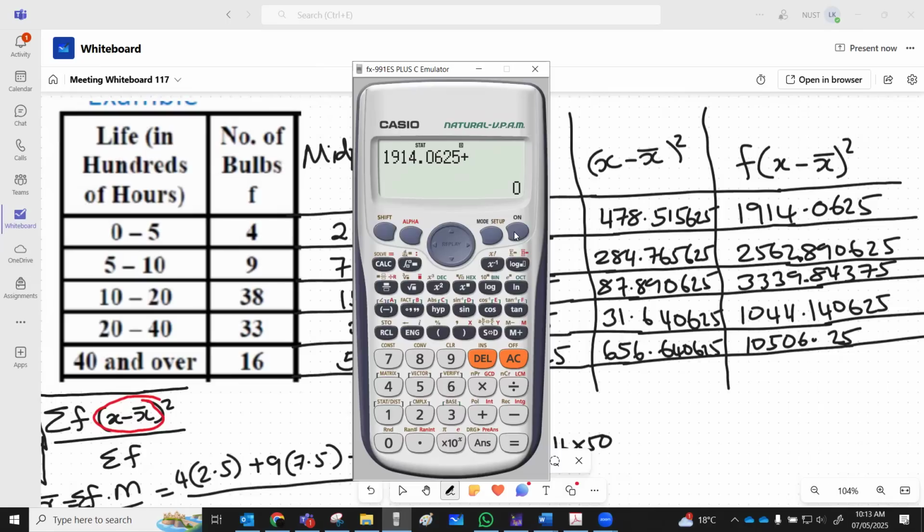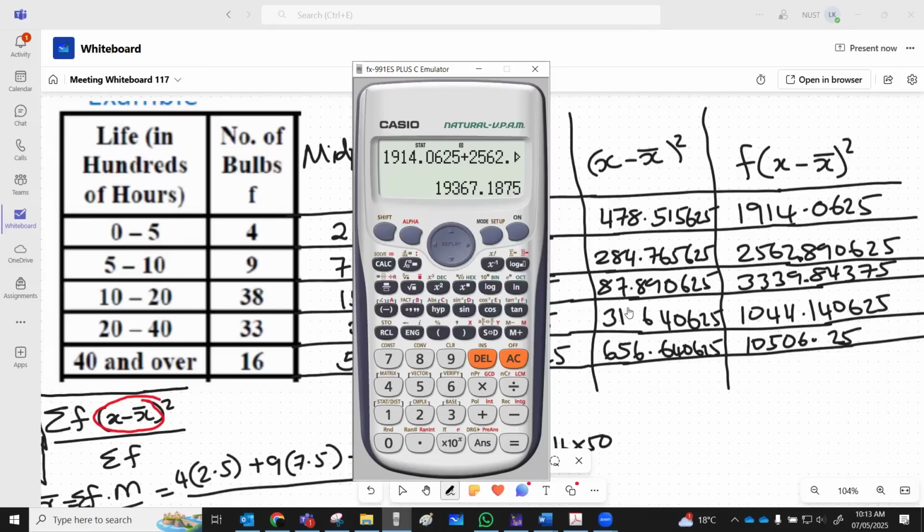1914.0625, 2562.890625, 3339.84375, 1044.140625 plus 1056.25.